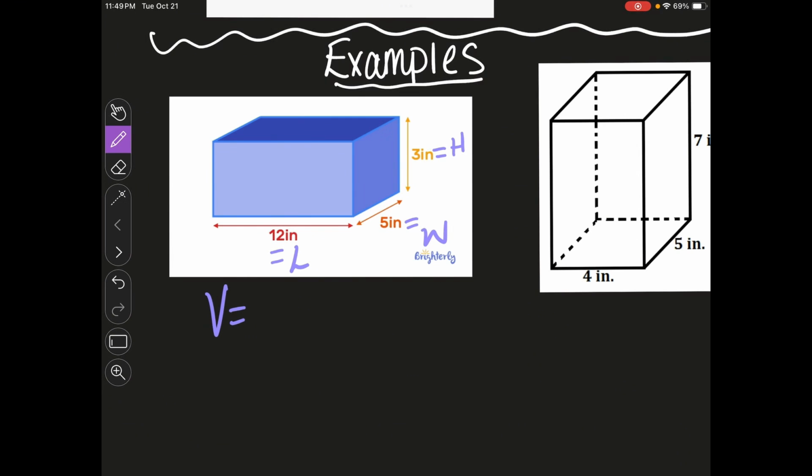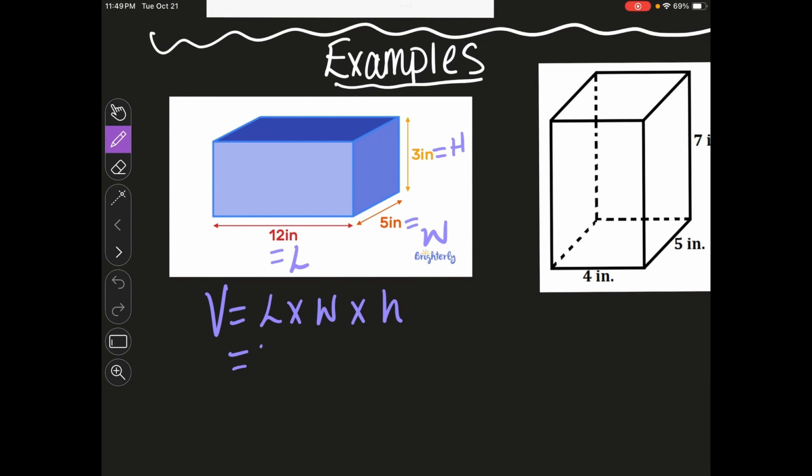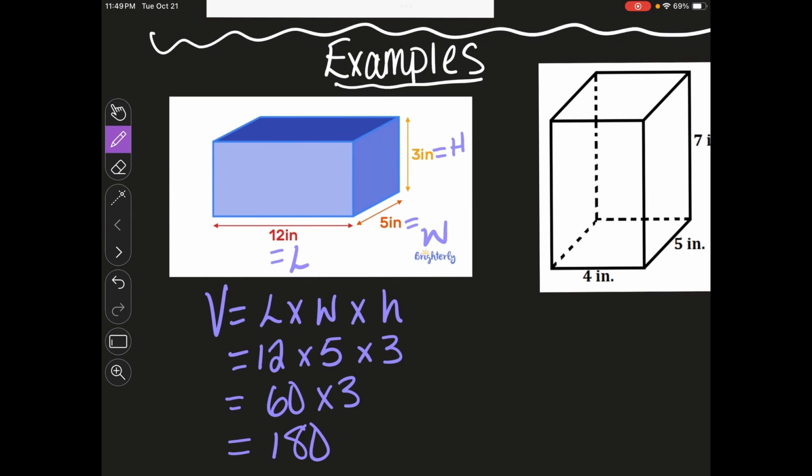Let's write down our formula. Length times the width times the height. Okay, so 12 times 5 times 3. 12 times 5 is 60 times 3, it is 180 inches cubed.